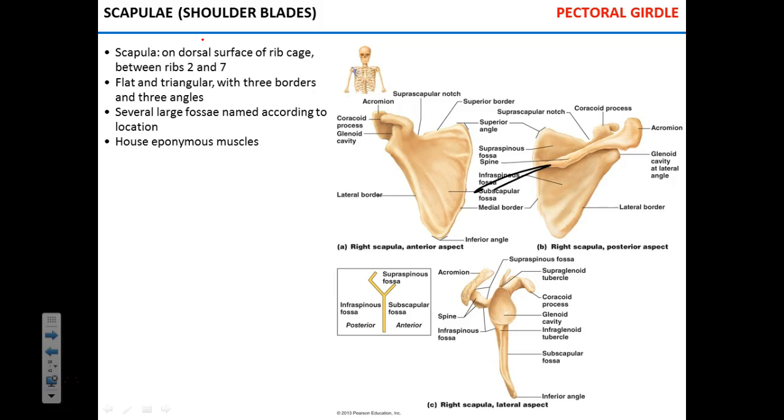Posterior acromial and frontal coracoid processes. The scapula has three borders and three angles. So the lateral border faces outward, then the medial border, and the superior border. See that?